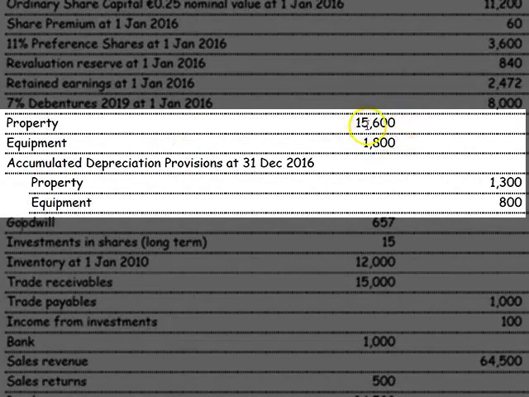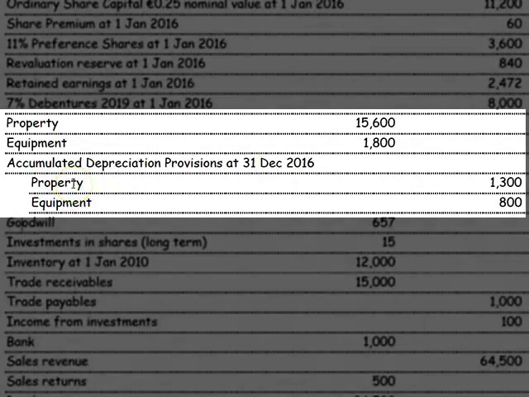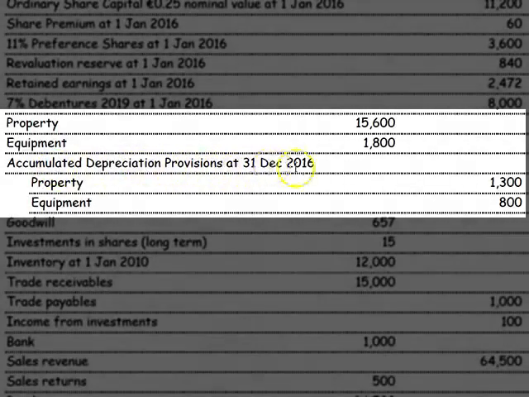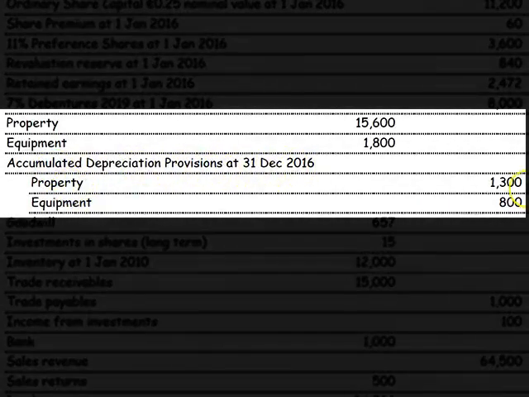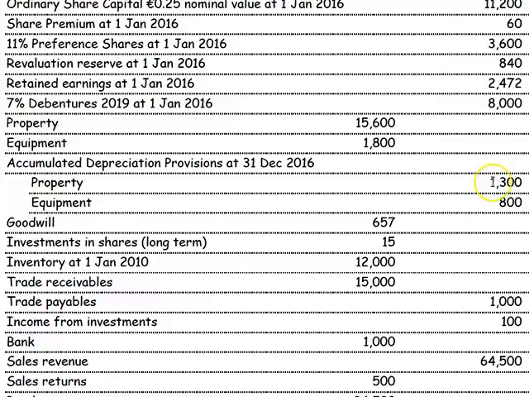That's what they cost originally. At the end of 2016, at the end of this year, they've been depreciated, because it tells us here the cumulative depreciation provisions are up to the end of this year. So that means property has gone down, has fallen in value, or the company's used up 1,300 worth of the property, and equipment has fallen in value by 800.